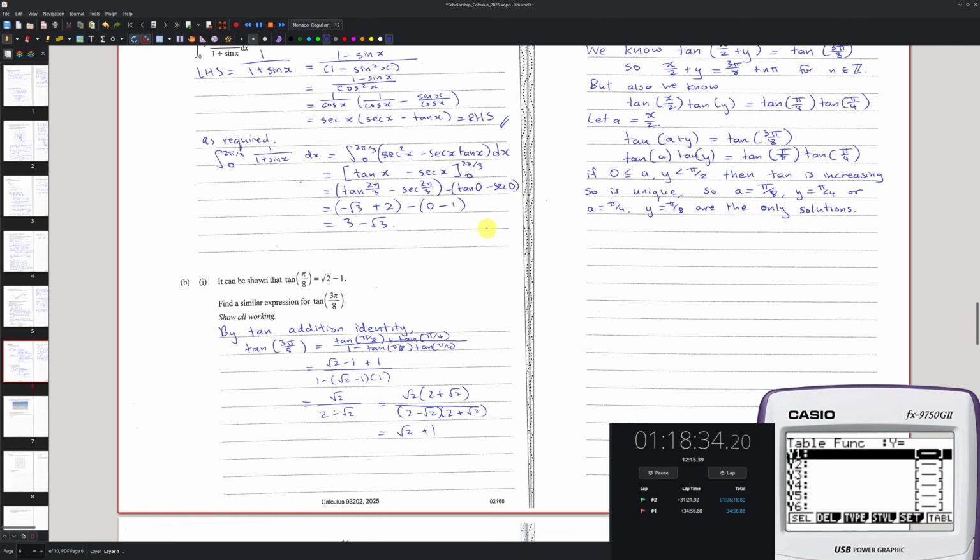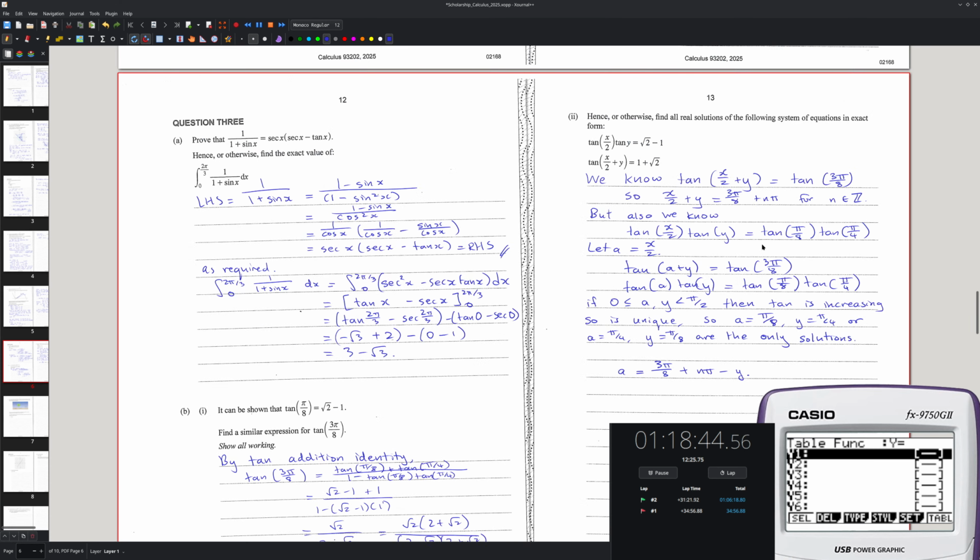So we know that a equals 3 pi on 8 plus n pi minus y, right? Okay, so let's just go tan x times tan of 3 pi on 8 minus x. Right, so this is n equals 0.